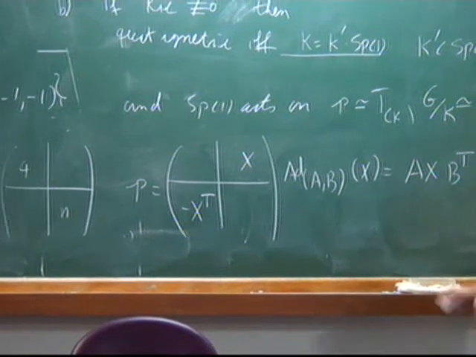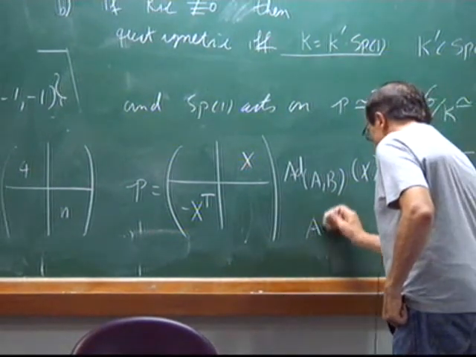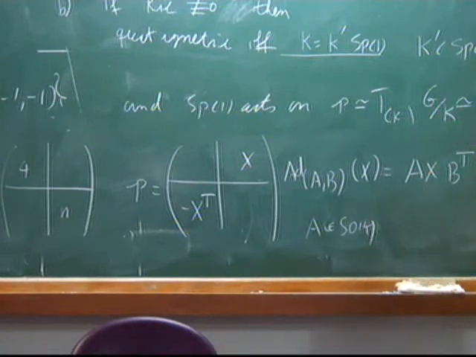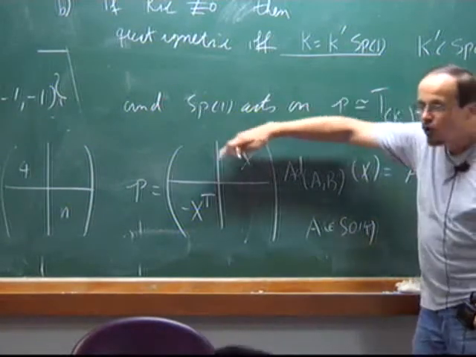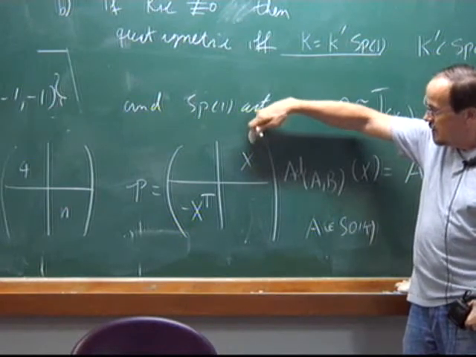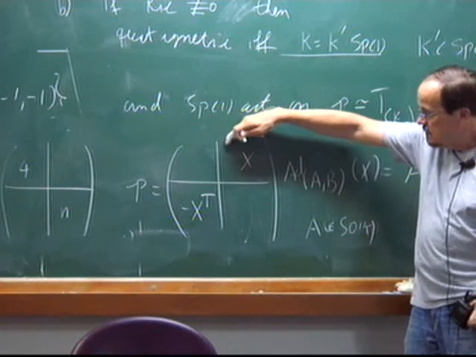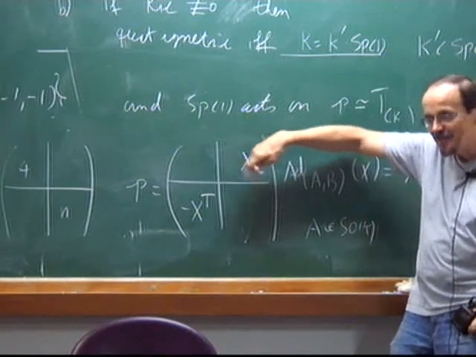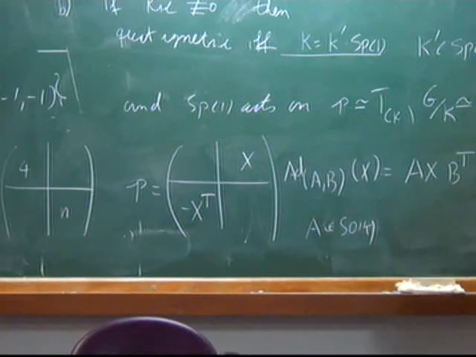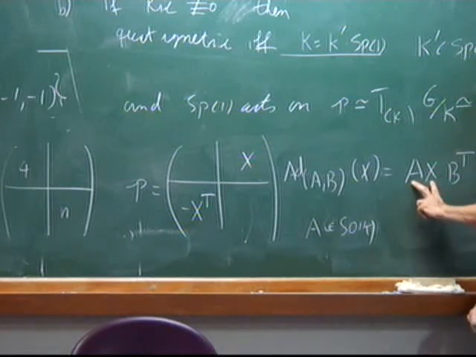So now A lies in SO(4). I can think of this X as 4 row vectors. So that's an element of R^n plus R^n plus R^n plus R^n, which is H^n, identified. SO(4) acts on this just by left multiplication with the matrix.